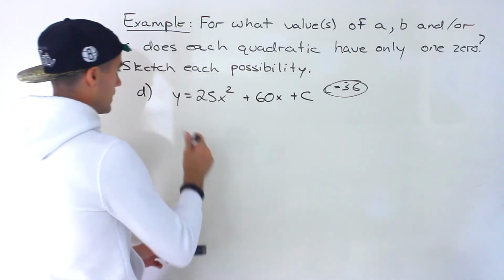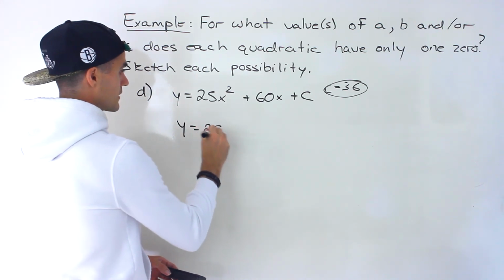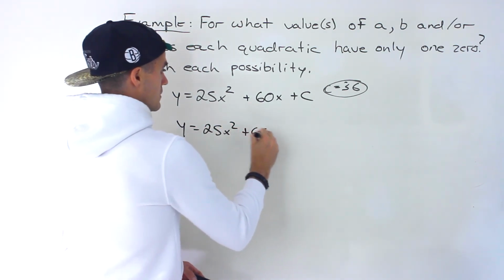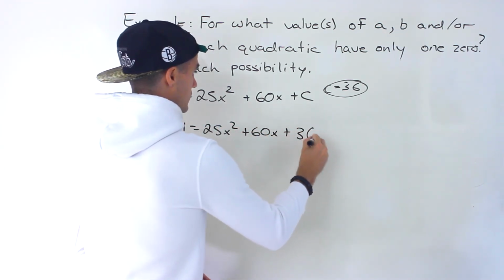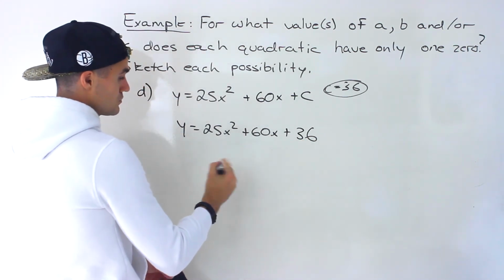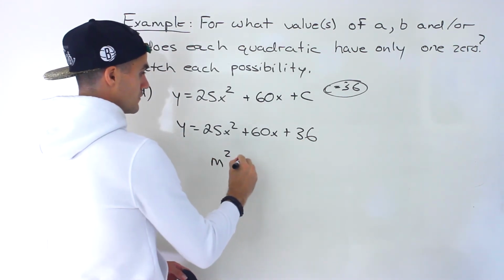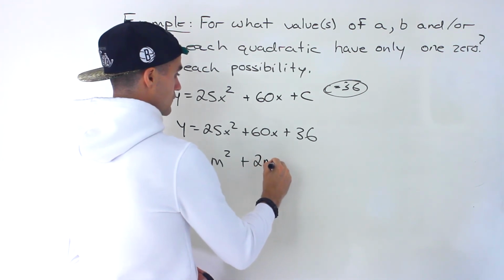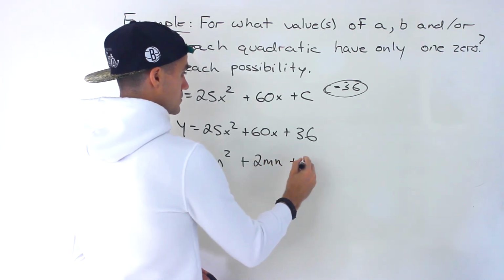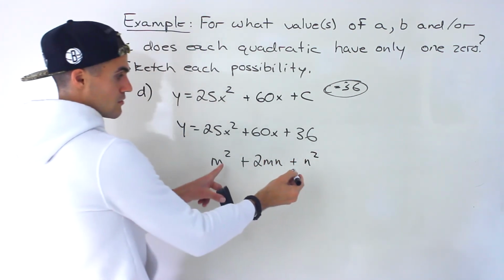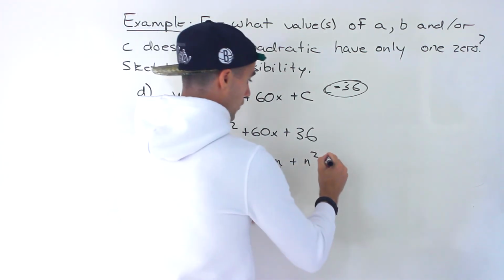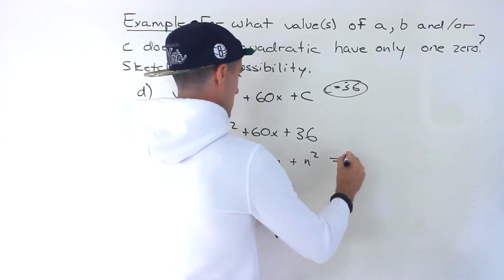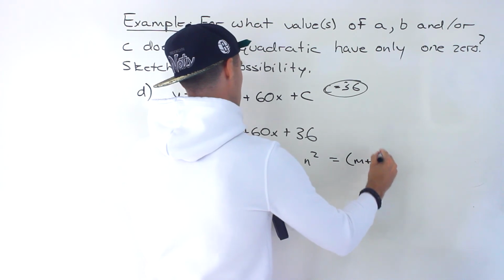Okay, so that's pretty much it. So now let's factor this, and you could use decomposition to factor this. You could also use, like I mentioned in the previous one, the perfect square trinomial format or formula. Let's actually do the process for factoring it here. This is going to be m plus n squared.